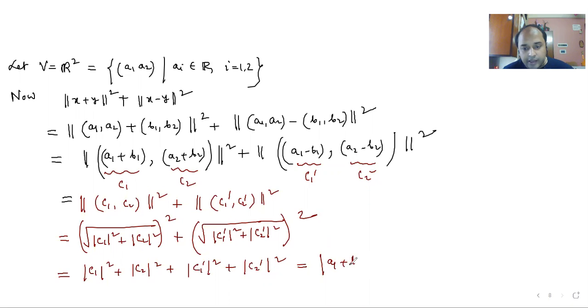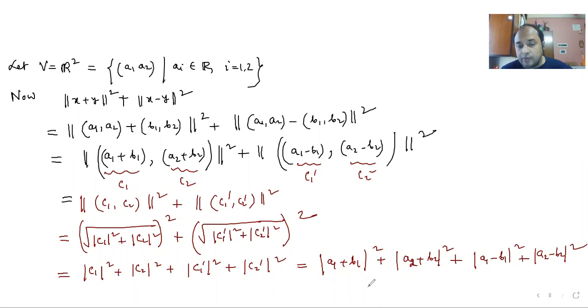This is mod of a1 plus b1 squared, this is a2 plus b2 squared, this is a1 minus b1 mod squared, and this is a2 minus b2 squared, which is the well-known parallelogram law in two-dimensional space.